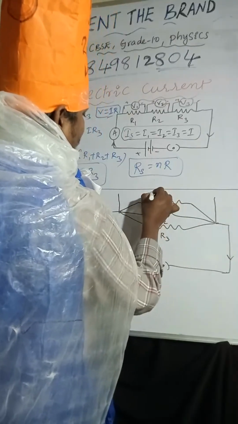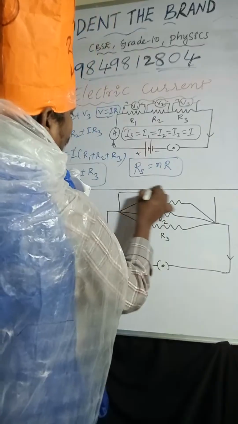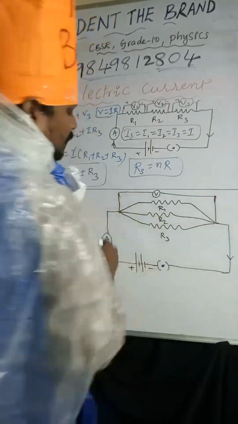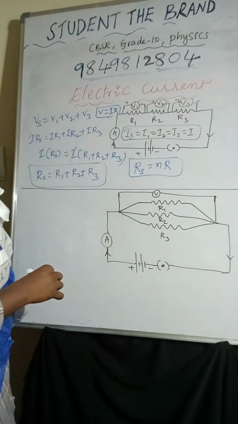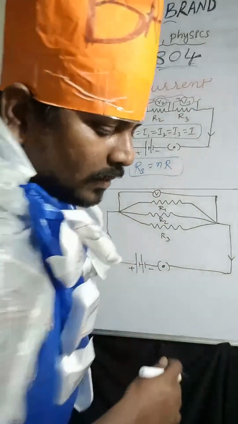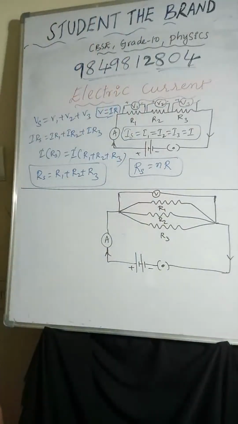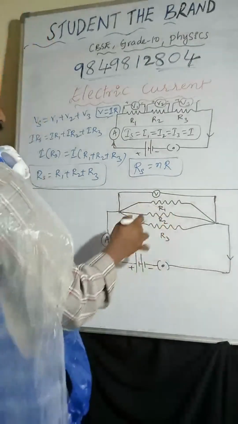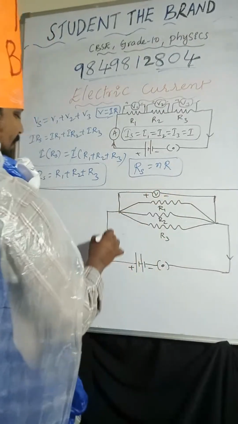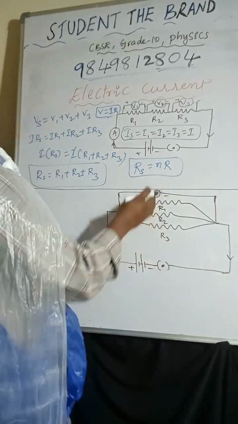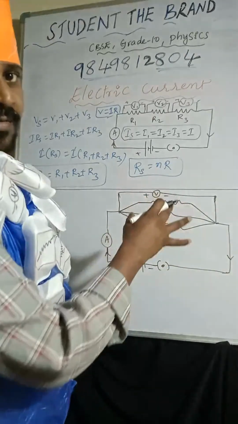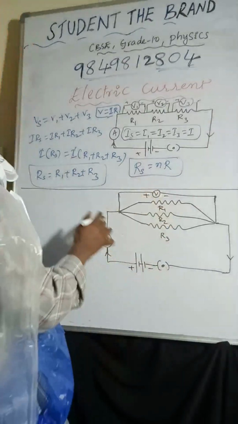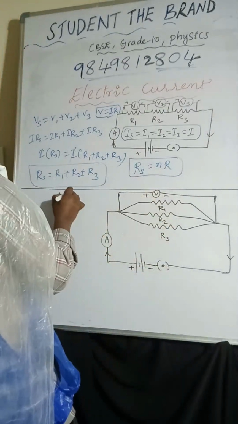So I am connecting a voltmeter. Now you can observe here, from the positive terminal to the negative terminal, current starts flowing across R1, R2, R3. So the potential difference V is connected. From Ohm's law, V equals IR.